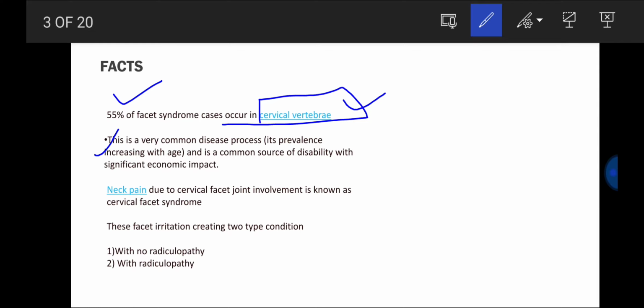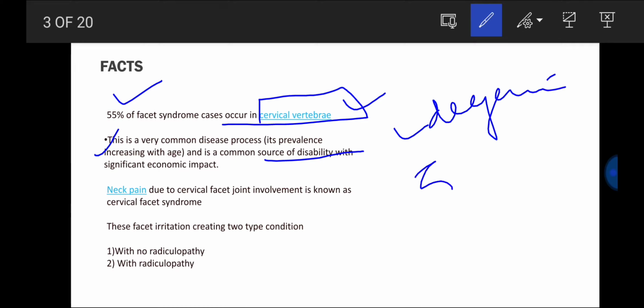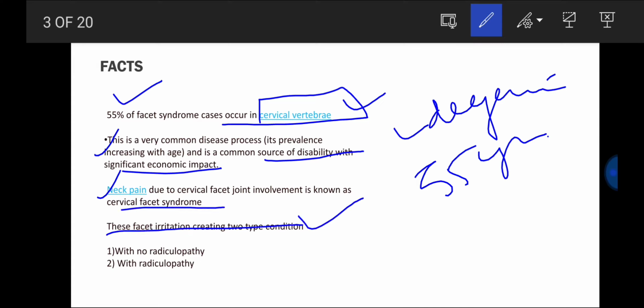Its prevalence increases with age, like if degenerative changes happen by the age of 50 or 55 years, there is a significant economic impact to the patient. Neck pain due to cervical facet joint involvement is known as cervical facet syndrome. These facet irritations create two types of condition, with no radiculopathy and with radiculopathy. So today's video is on no radiculopathy.